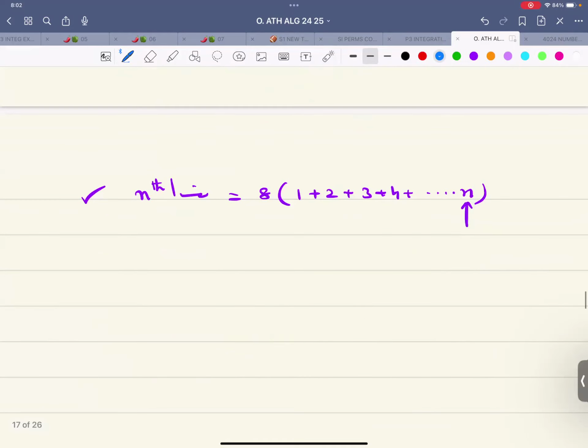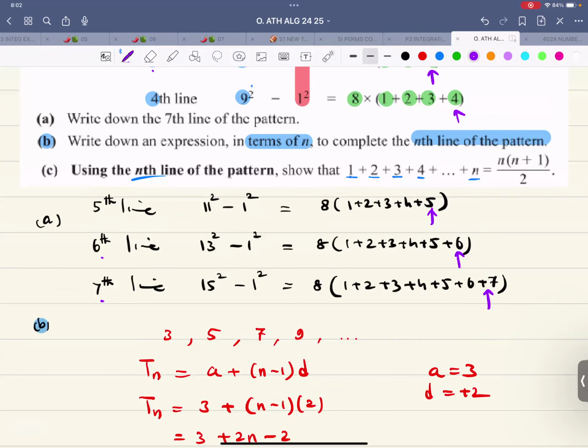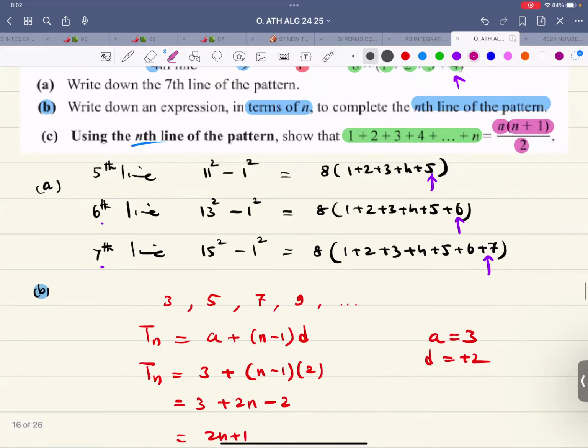So let me write it out. 4n bracket n plus 1, the simplified form, equals 8 into 1 plus 2 plus 3 plus 4 dot dot dot all the way till n. They're asking us to make this the subject. So let me just use an eraser over here. So therefore, 1 plus 2 plus 3 plus 4 plus n should equal n plus 1 over 2.